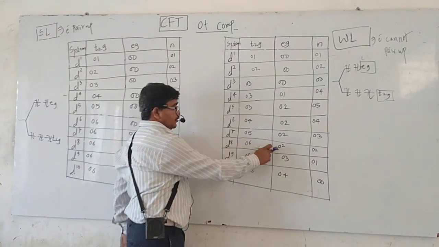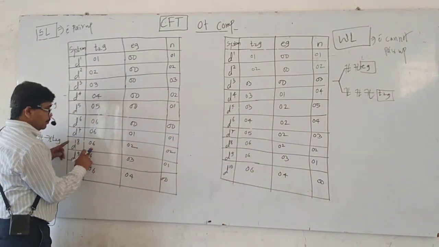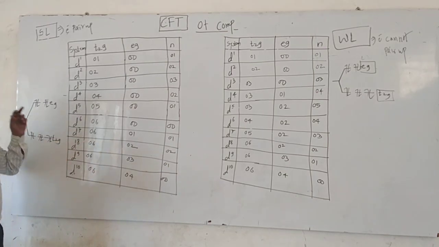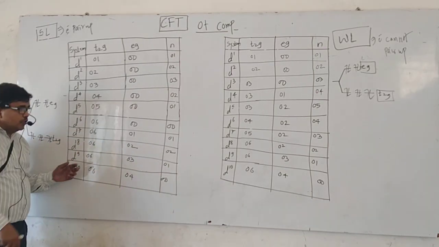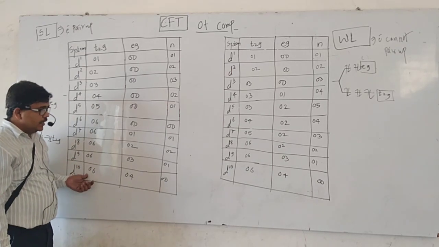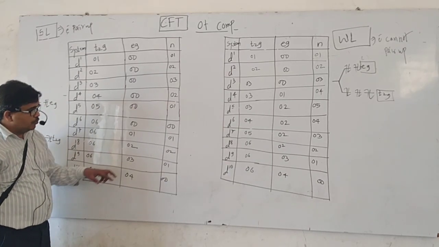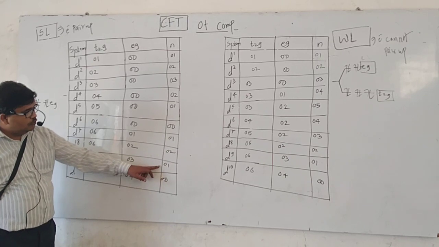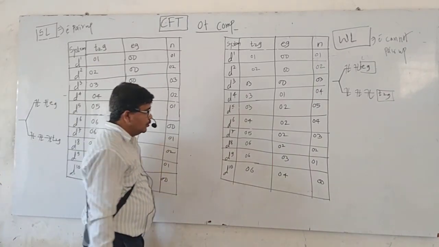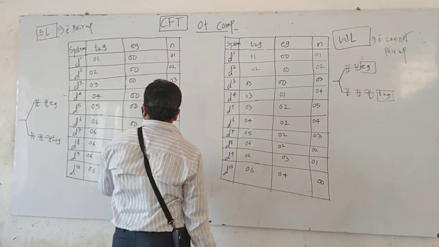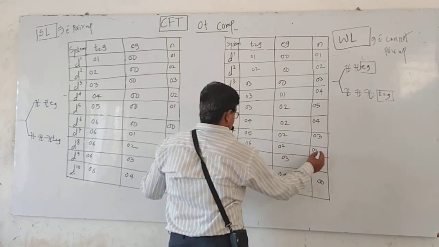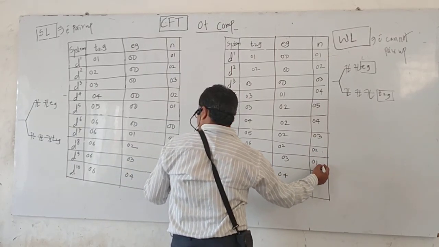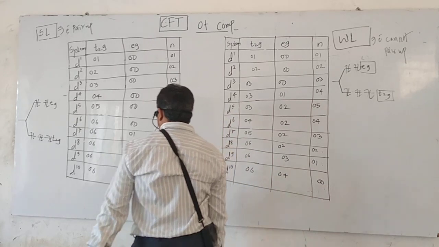For d8, 6, 2. Same. Number of unpaired electrons also the same. Now d9, 6, 3. There also 6, 3. d10, 6, 4, there also 6, 4. Number of unpaired electrons for d8 is 2, same. d9 is 1 and d10 is 0.